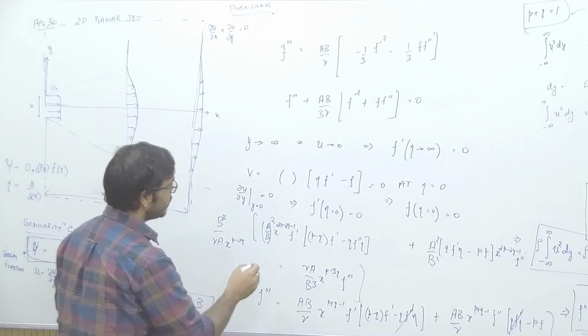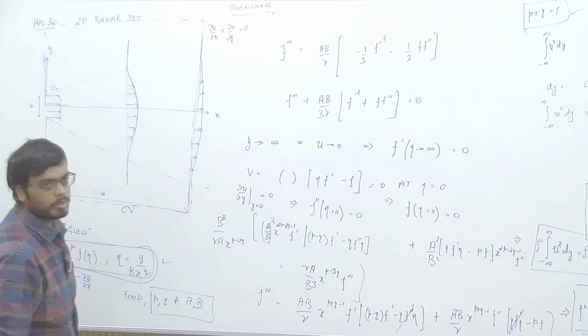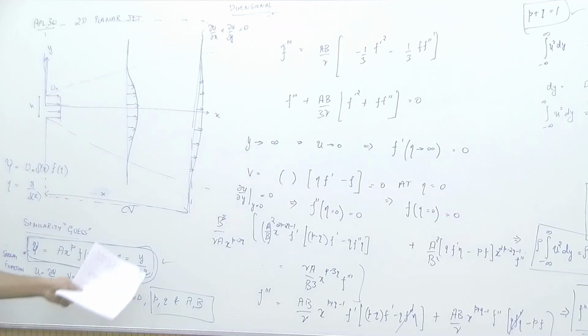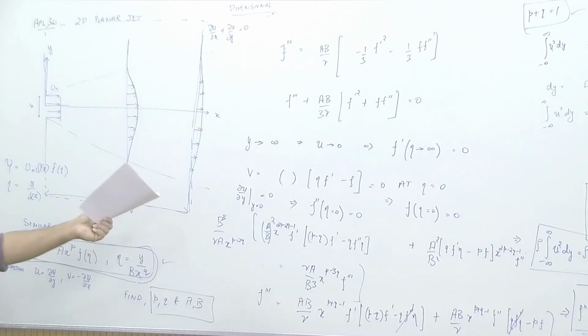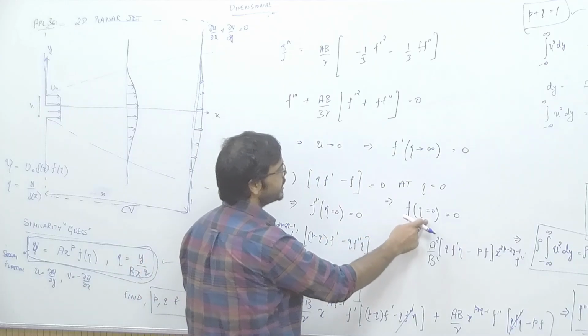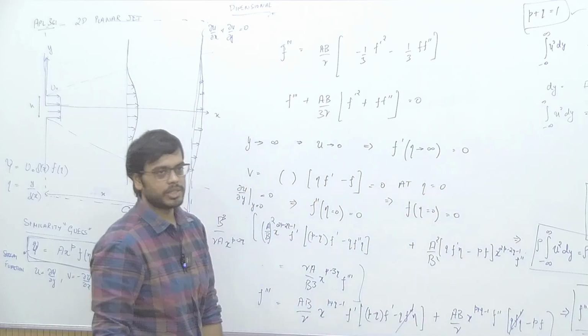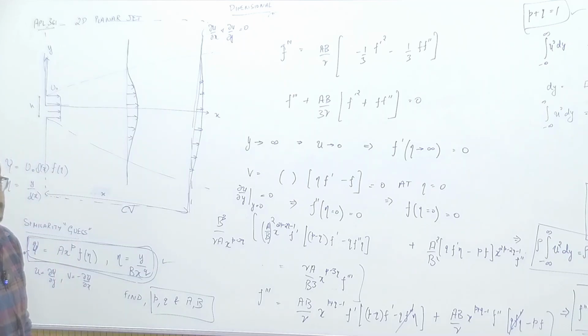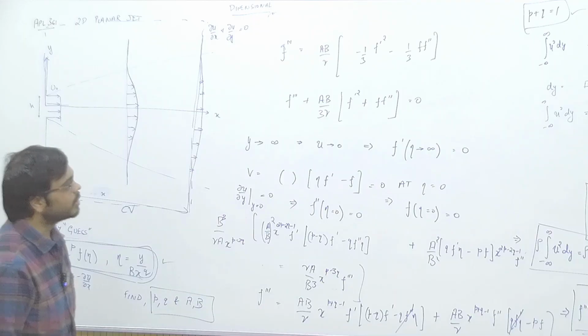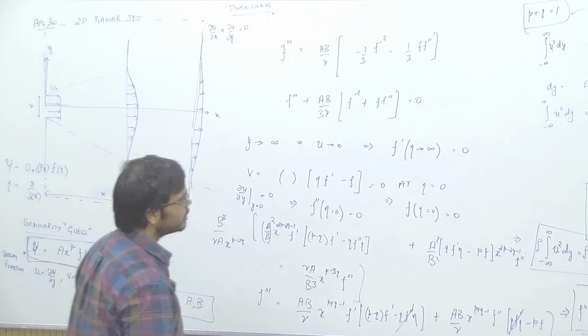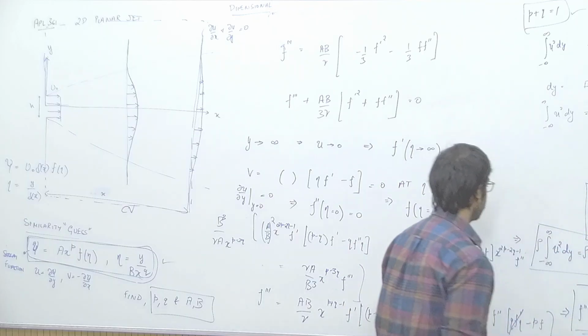F double prime, right? You can do that, del u by del y going to 0 at y tends to infinity, and you'll be able to show that if you use either of these conditions you'll get the same solution. So instead of these two conditions at eta equals 0, you can use 2 at eta tends to infinity also. And as in a moment you will see, let's see if it helps us in solving the equation.